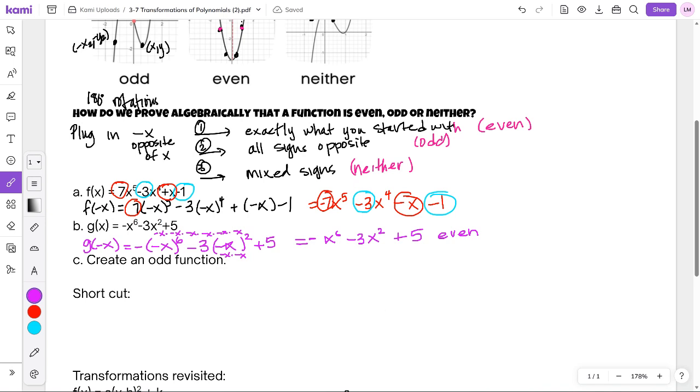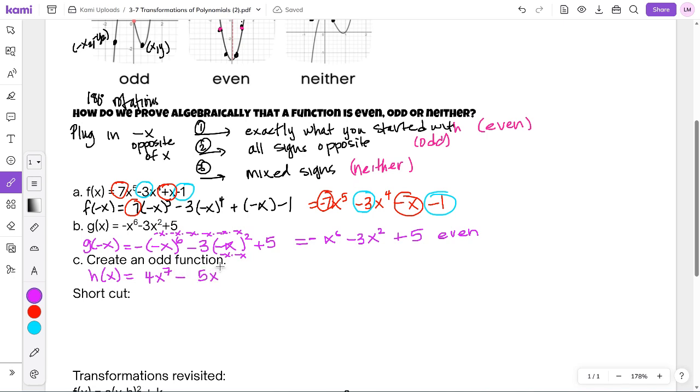All right, stop, pause the video, and create an odd function. So what would it take to create an odd function? So go ahead and pause the video. All right, now that you're back, hopefully you created a function that had odd exponents only.